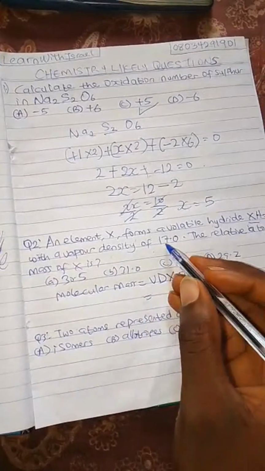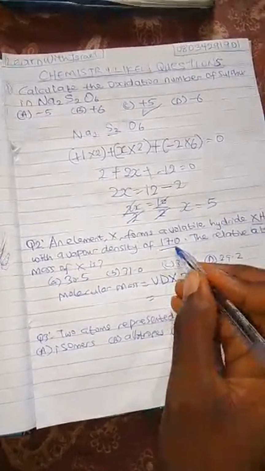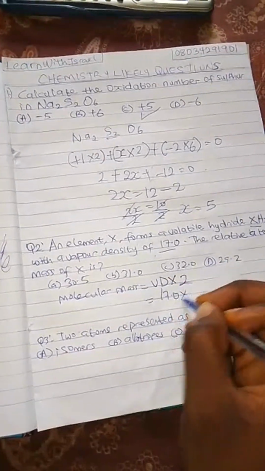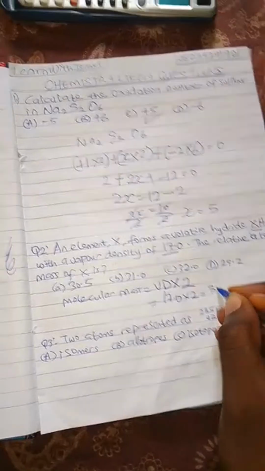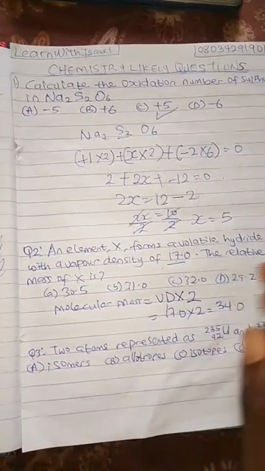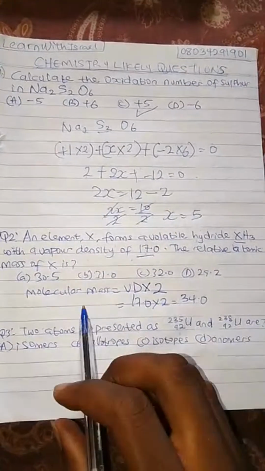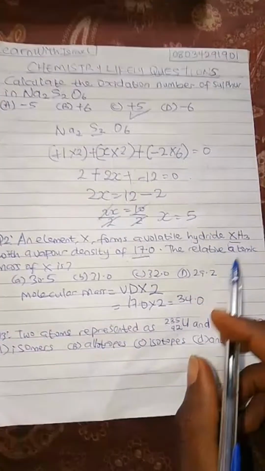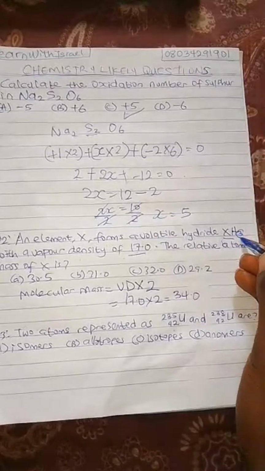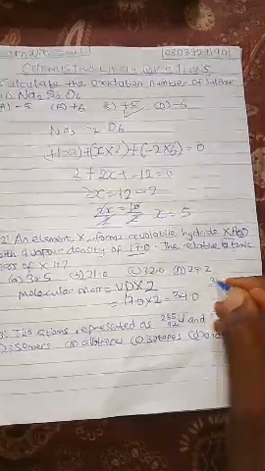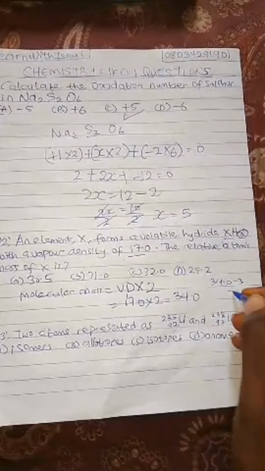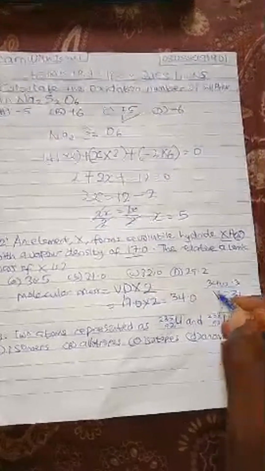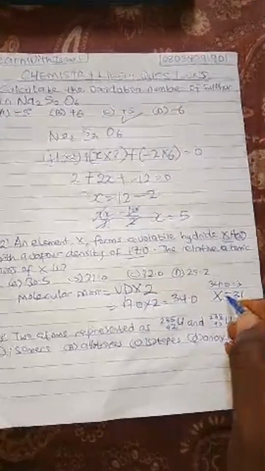So our vapor density, according to the question, is 17.0 multiplied by 2, that's 34.0. So to get the relative atomic mass of X, we are going to subtract 3 from 34, where 3 is the subscript of hydrogen. So 34.0 minus 3 will give us 31. So the relative atomic mass of X is 31.